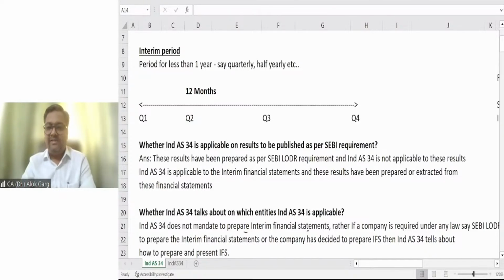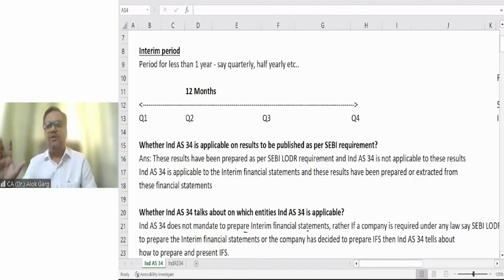Mohammed Abdul is asking, sir, can we see the interim financial statement on a company website? Very good question, Abdul. First of all, there is no mandatory requirement to publish the interim financial statement on the website. Number two, few companies, like Infosys, like TCS, are publishing their interim financial statement on their website as well.